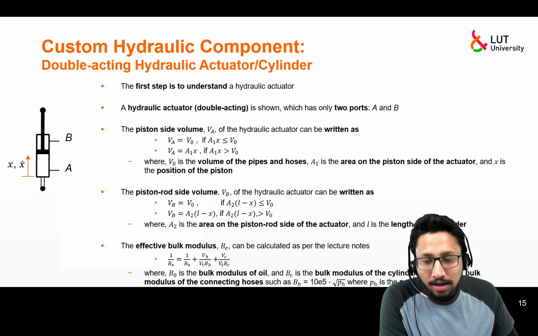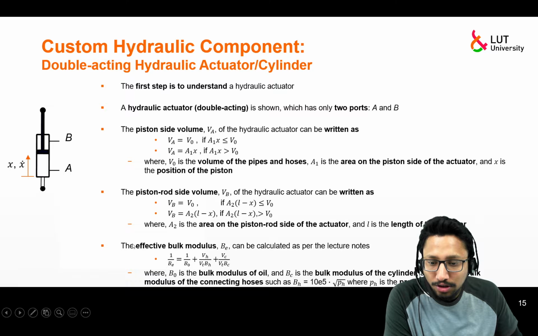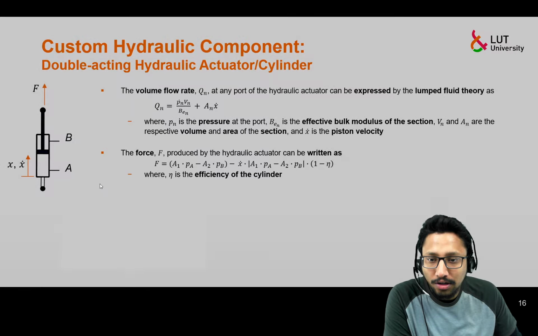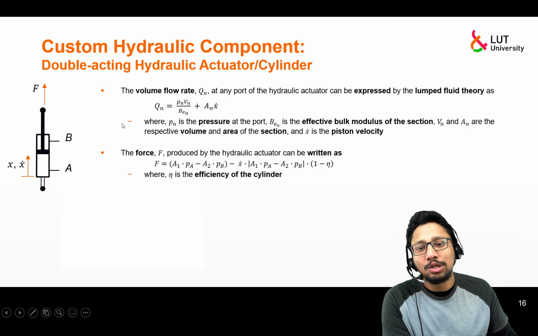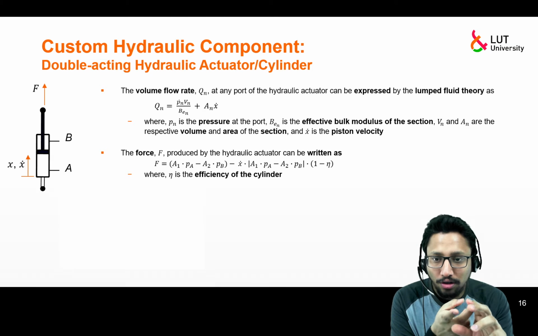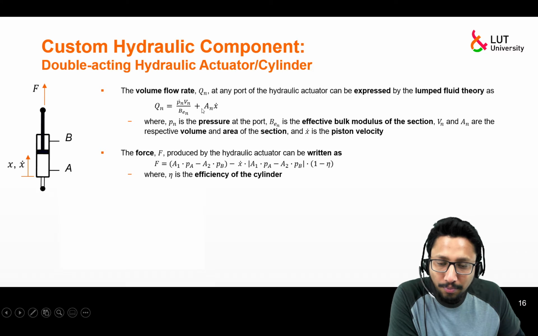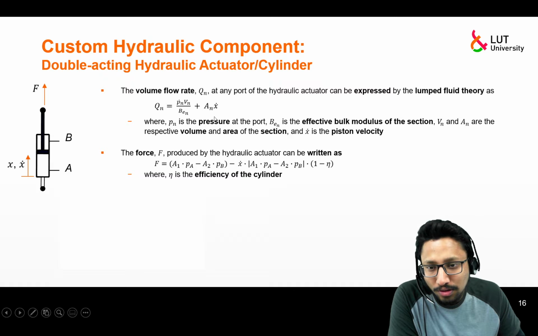Okay, so once you have figured out the volume and effective bulk modulus in both the sections of the hydraulic circuit, then you can use lumped fluid theory to calculate either the pressure or the flow rate. If you follow the standard lumped fluid theory, it's always written as P dot, where you just rearrange these terms and write P dot as the other terms.